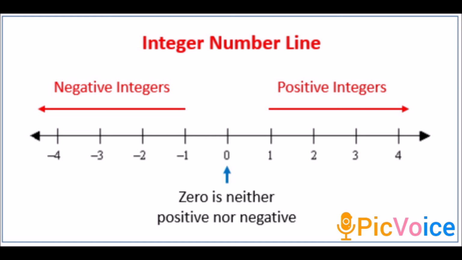It is a neutral number. So what is the symbol for integers? Capital Z. So capital Z equals etc., -4, -3, -2, -1, 0, 1, 2, 3, etc. This set is said to be integers.